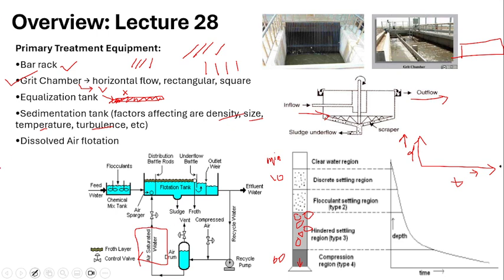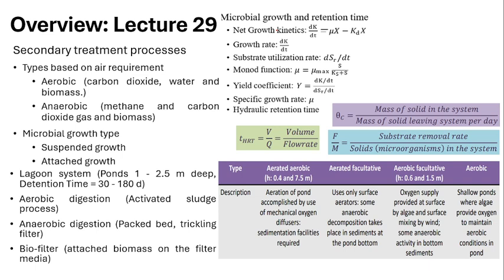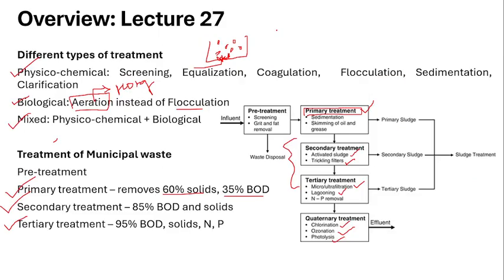So these are the different kinds of equipment used in the primary treatment methods. So now coming to lecture 29. This lecture deals with the secondary treatment process. So we know after the primary treatment, the next step is the secondary treatment.